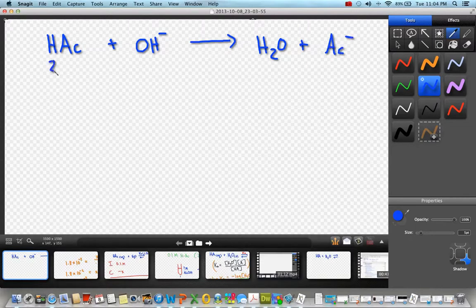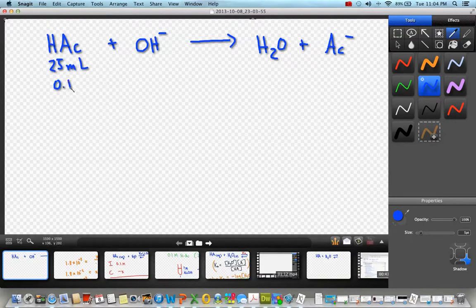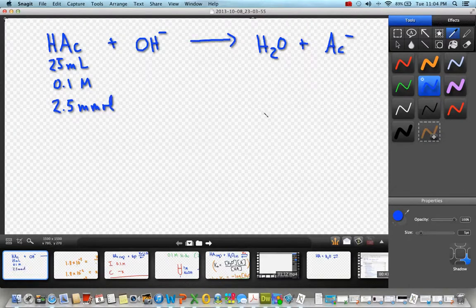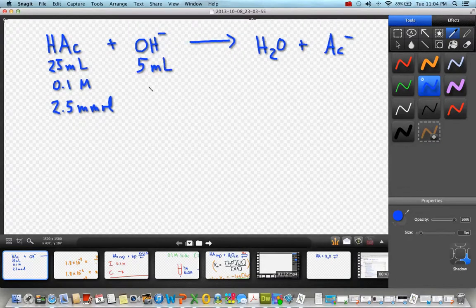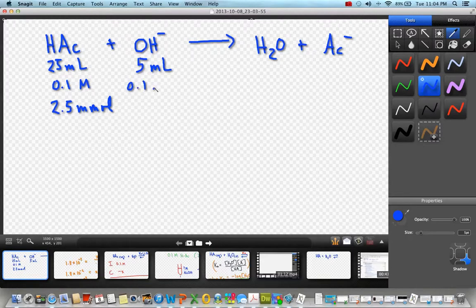So I had 25 mils of a 0.1 molar solution. That means I had 2.5 millimoles. And let's imagine that I add 5 milliliters of a 0.1 molar solution. So I've added 0.5 millimoles of base.